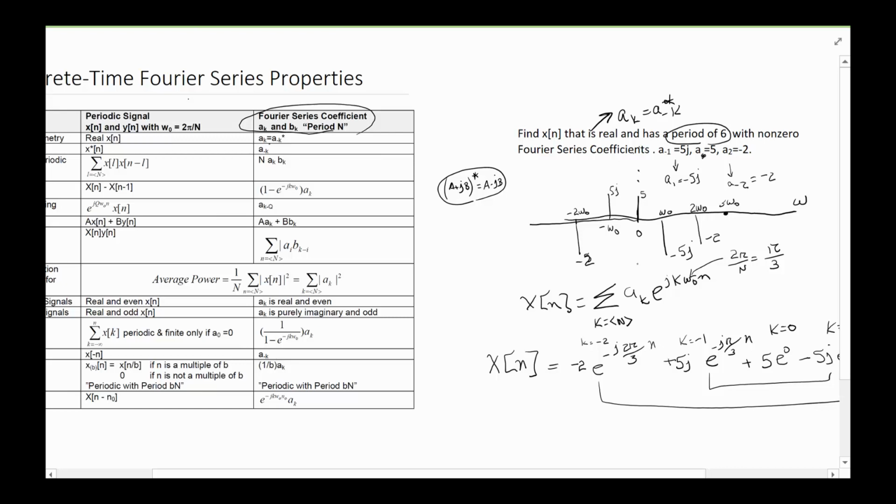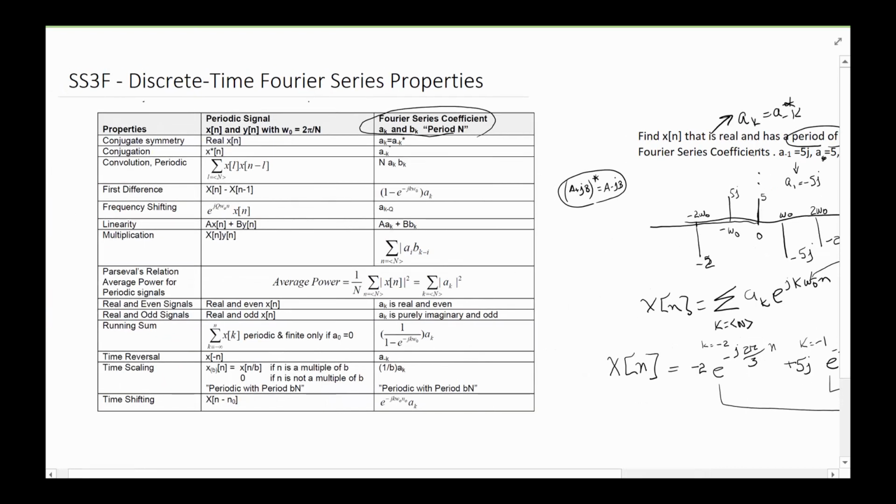So we use that info. That's basically the reason we have the properties table: to give us more information and allow us to better define the function, or in some cases, if I have the Fourier transform of one function, I can use the properties table to convert it to another function, and that would be great. We can use that as well. That brings us to the end of this presentation.